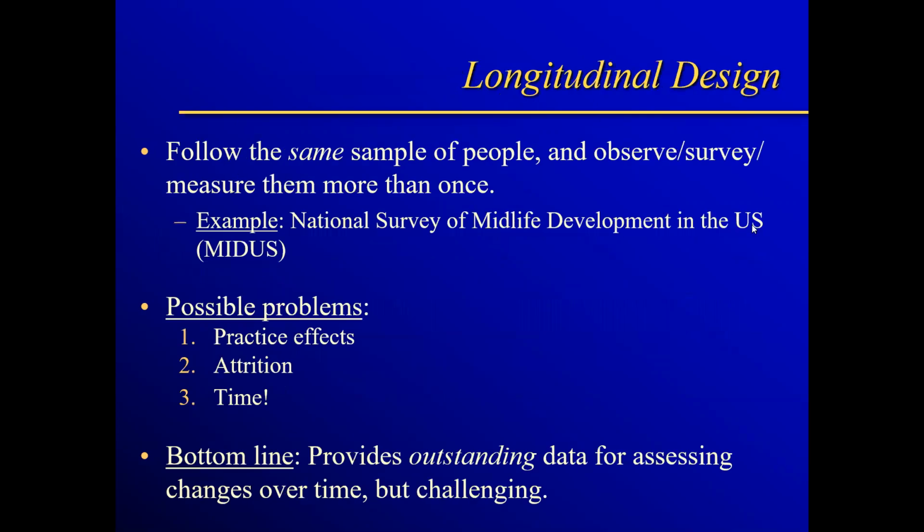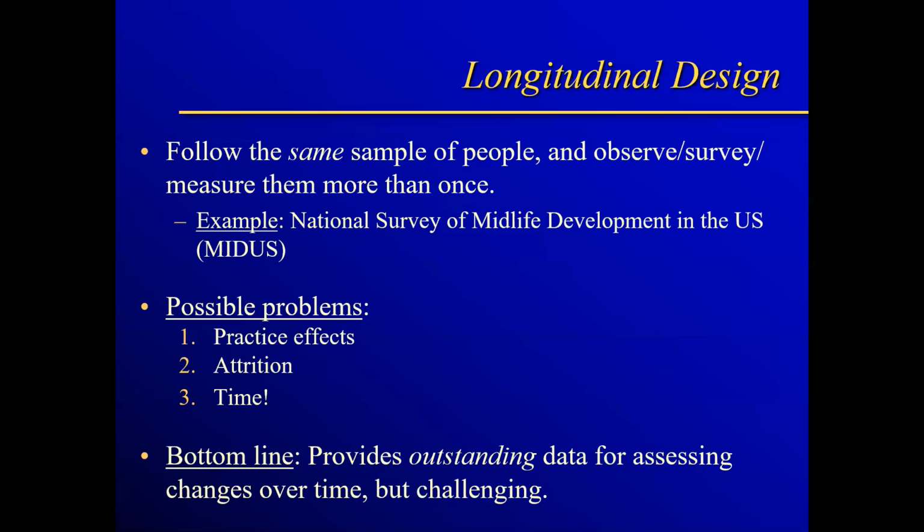All right. So let's say that we are curious about change, and we want to see how things change, but we want to look at it in the same sample because that's going to be a lot stronger. This is called a longitudinal design. You follow the same sample of people and observe, survey, or measure them more than once. Here's a good example.